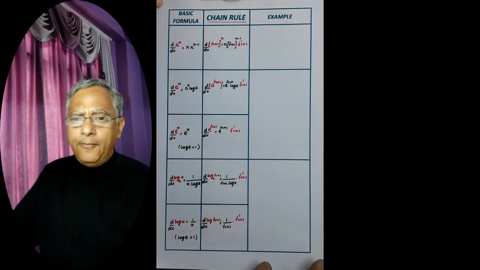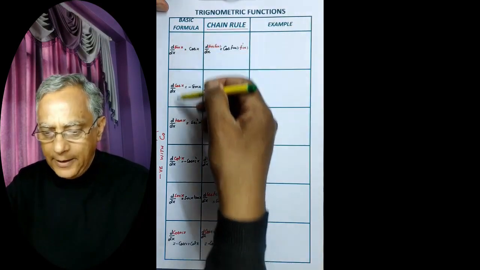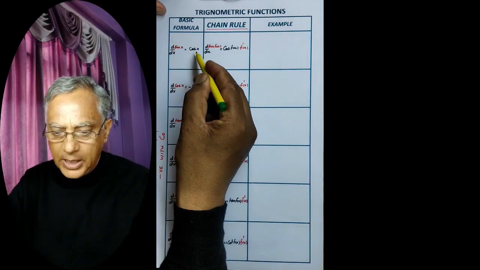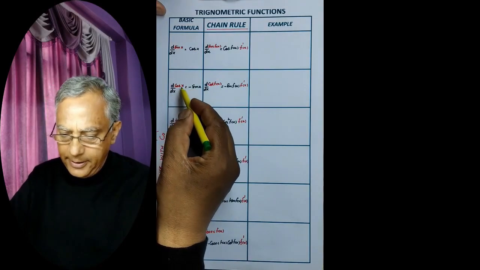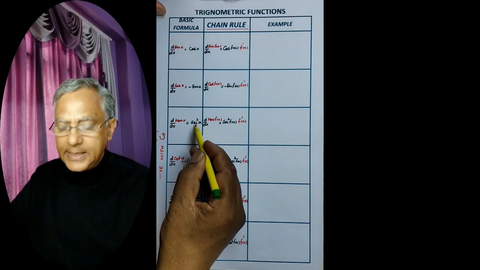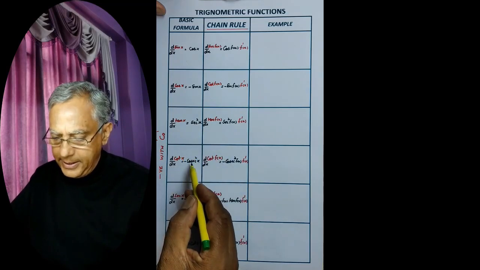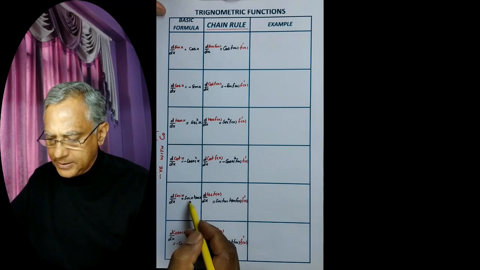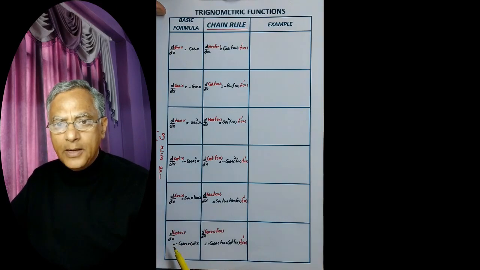Now for trigonometrical functions, we have already studied these formulae. d by dx of sin x is cos x. d by dx of cos x is minus sin x. d by dx of tan x is sec square x. d by dx of cot x is minus cosec square x. d by dx of sec x is sec x tan x.